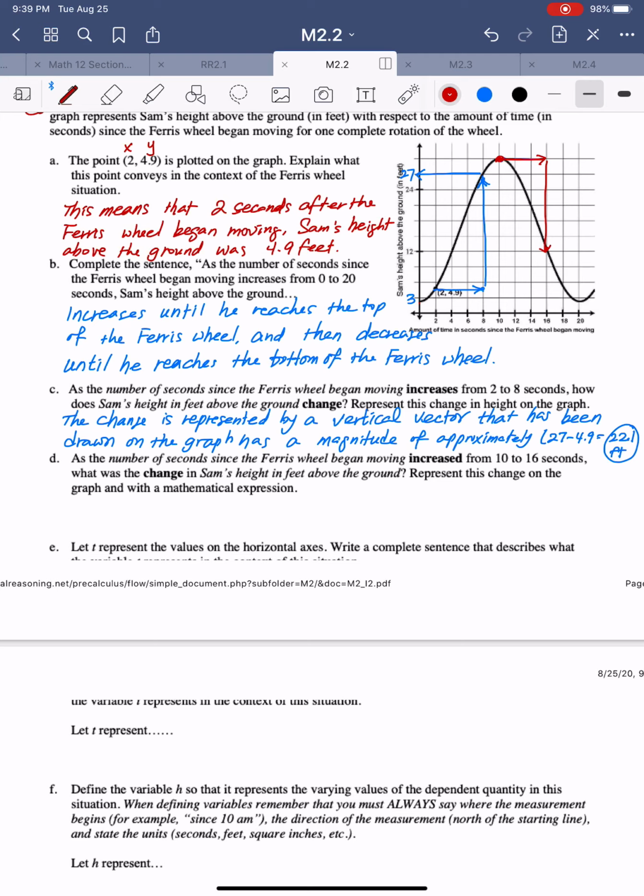And then the change is negative, right? Because it was the highest point at the 10 second, and then Sam's height above the ground decreases.